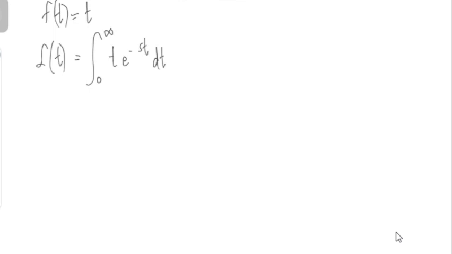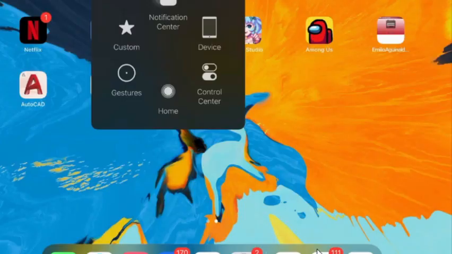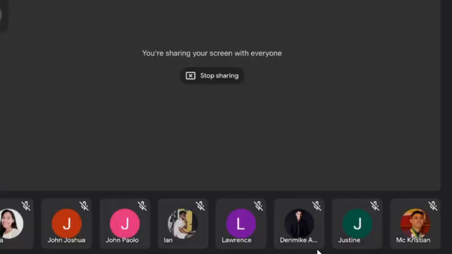What is this? How will you integrate? t e to negative st dt. Give me some idea about this. Jan? Hello, Jan? Paano i-integrate yun?